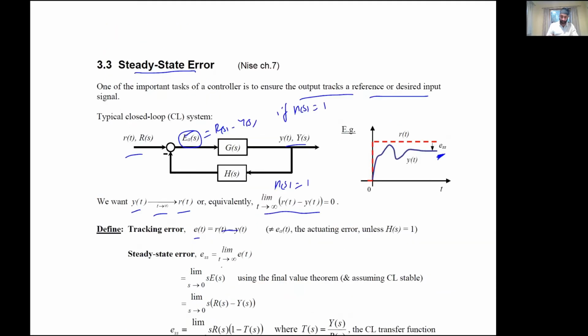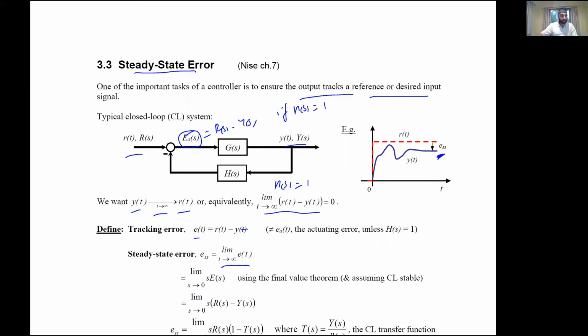The steady state error is defined as the value of the signal E as t tends towards infinity. For this, we can look at the properties of the Laplace transform. If you look at the table for the Laplace transforms, which is given on page 4 of your course book, you will see that there is a final value theorem, and it states that this signal can be related to limit s tending towards 0 of s times E(s).